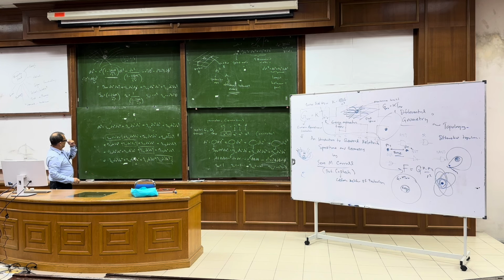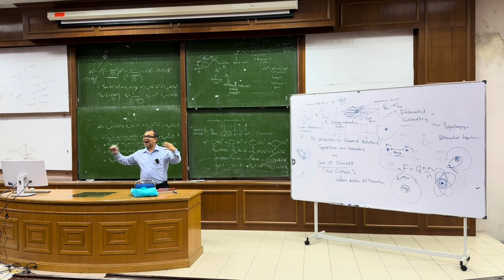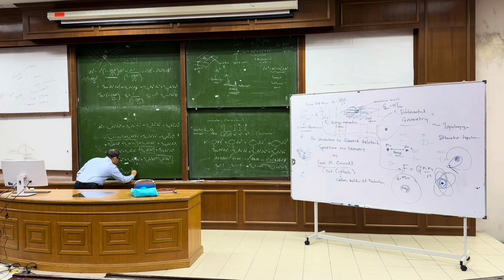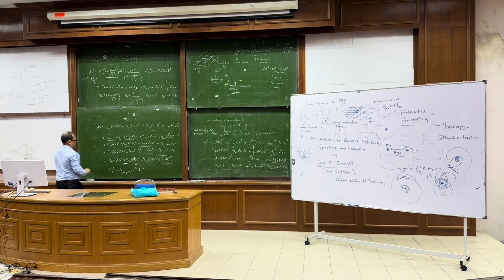If you look, 0,0, 0,1, 0,2 are all dummy indices. If we add them up together, we can write ds squared as G mu nu dx mu dx nu.